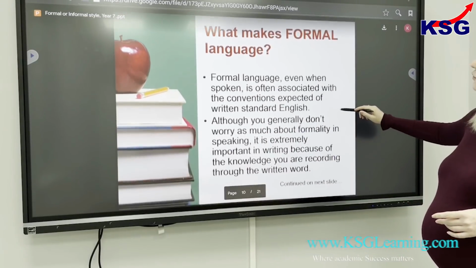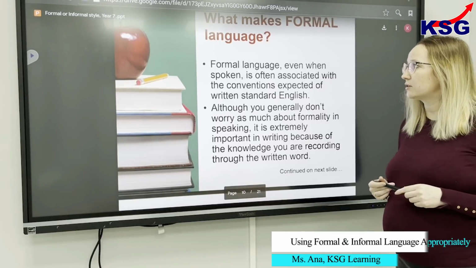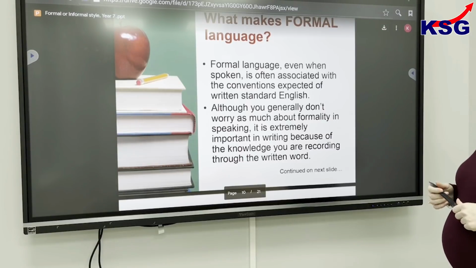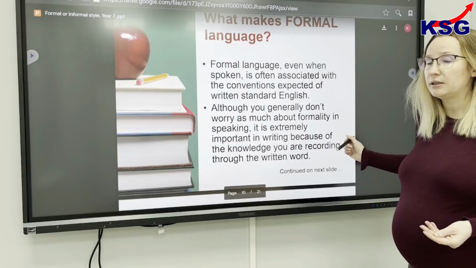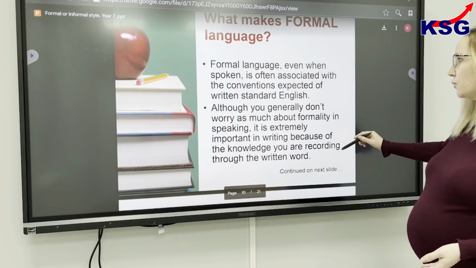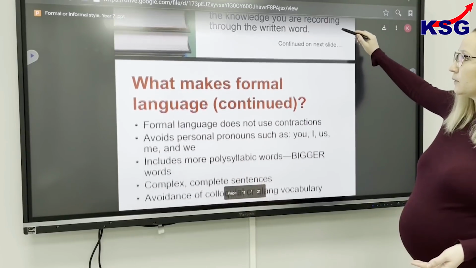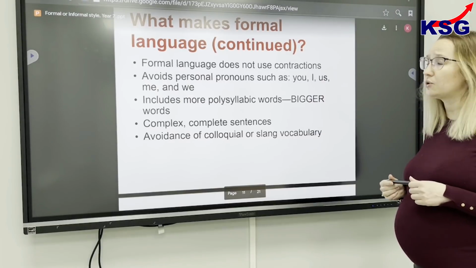When we talk about formal language, it is often associated with the conventions expected of written standard English. You need to pay attention to what words you are using. They need to be according to the situation that you are in. Formal language does not use contractions.